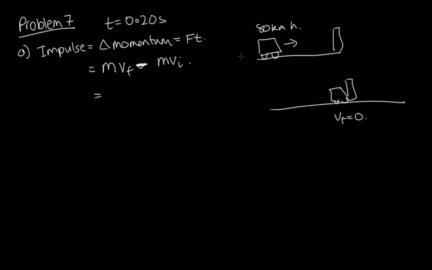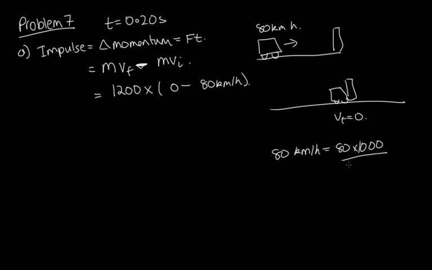And the mass of the car, we're told, is 1,200. So this is 1,200 times V final, which is 0, minus V initial. So minus the 80 kilometers per hour. So 80 kilometers per hour is equal to 80 times 1,000 over 60 times 60, which is equal to 22.22 meters per second.